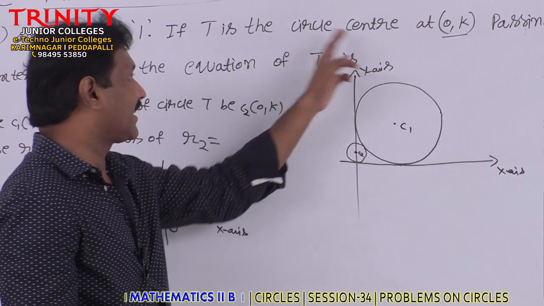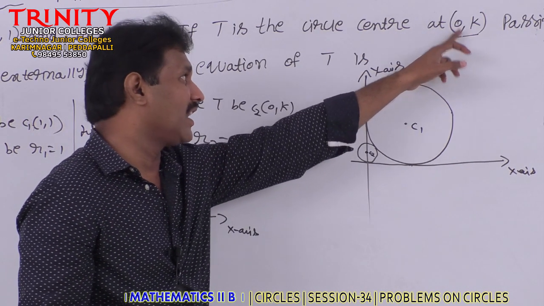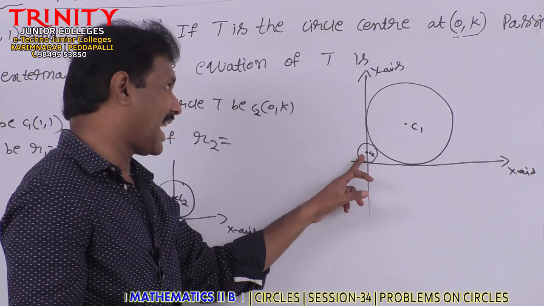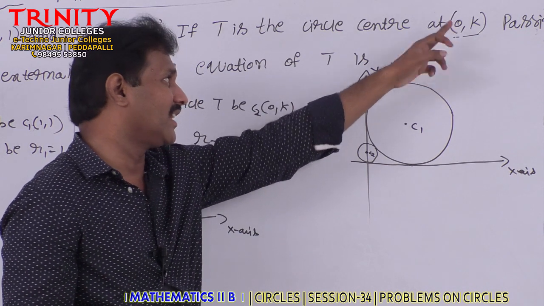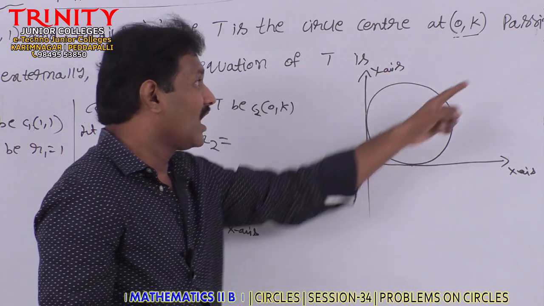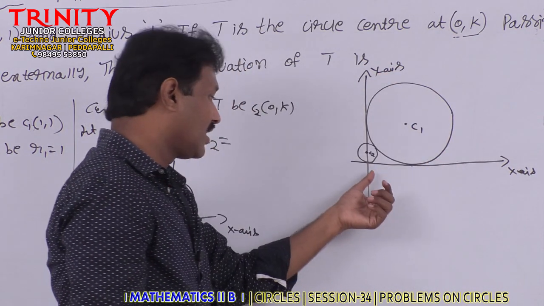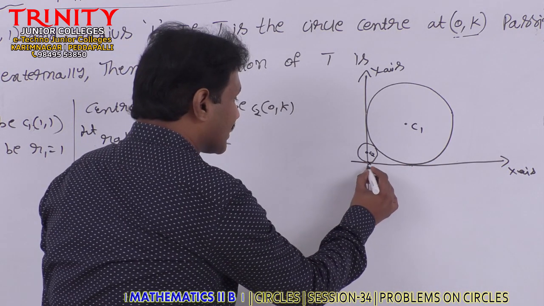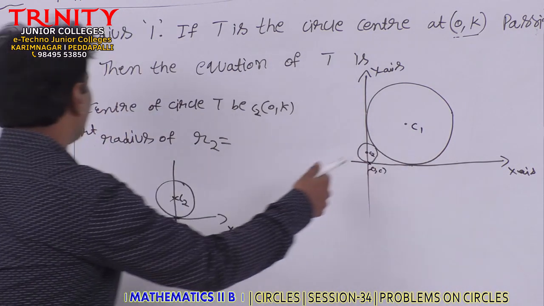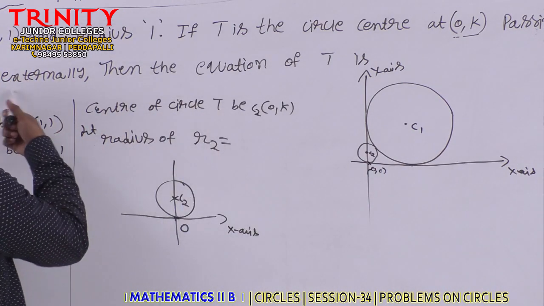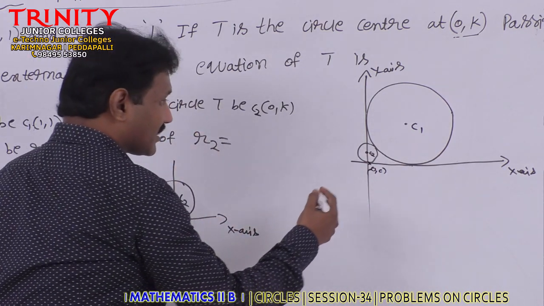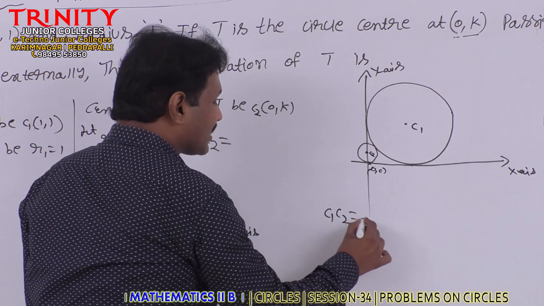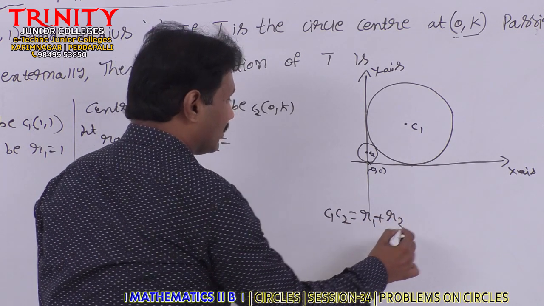And for the second circle T, the center is (0, k), therefore the point lies on the y-axis. This is the center of the second circle, which lies on the y-axis. The circle also passes through the origin, therefore the x-axis is one of the tangents. We know the property that when circles touch each other externally, C1C2 equals R1 plus R2.